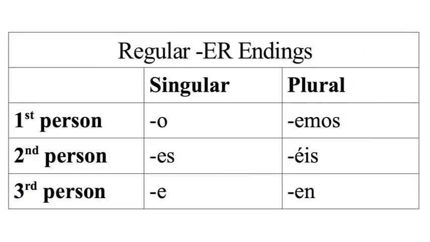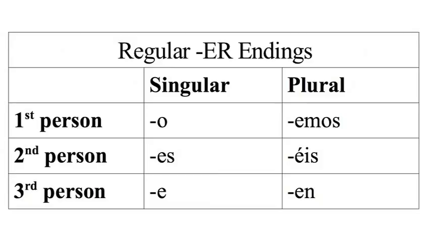Now, the endings for an IR verb are almost exactly the same as ER verbs. Actually, they're exactly the same except for nosotros and vosotros. Take a look. Here are the regular present tense endings for an ER verb. O, es, emos, éis, and en.